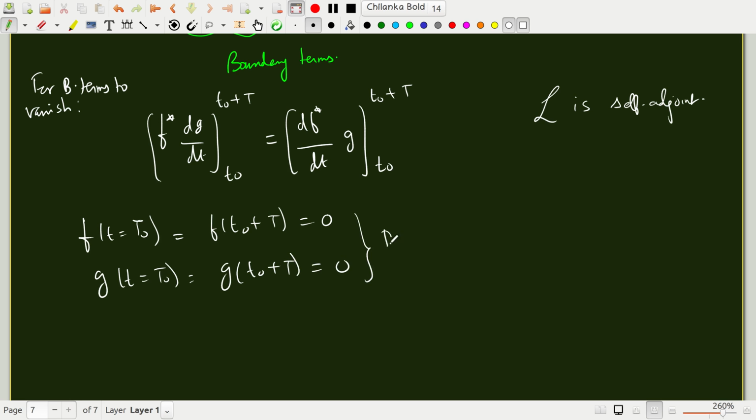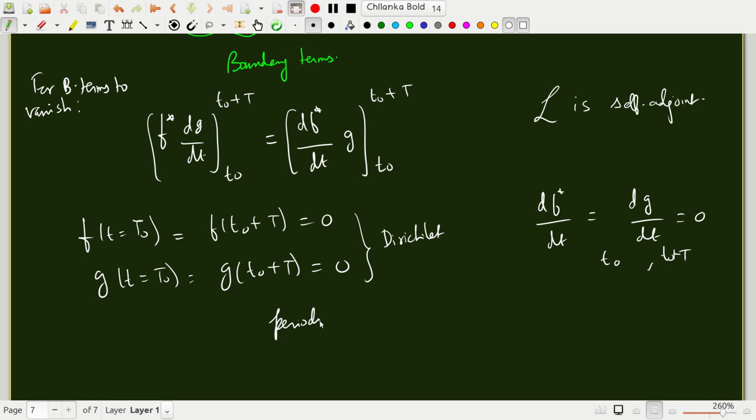These are called Dirichlet conditions, as we have seen earlier. Or you can say that df dt has to be 0 at both t0 and t0 plus t. Or you can say that the function is periodic.